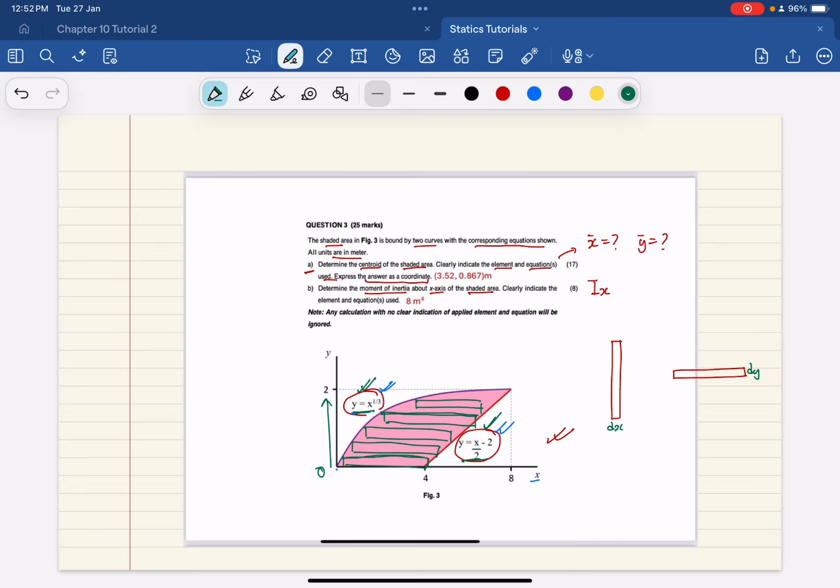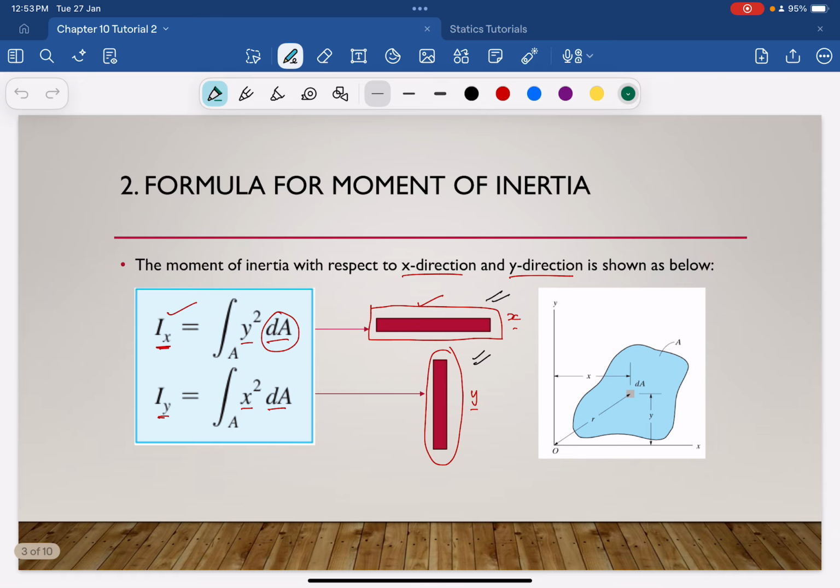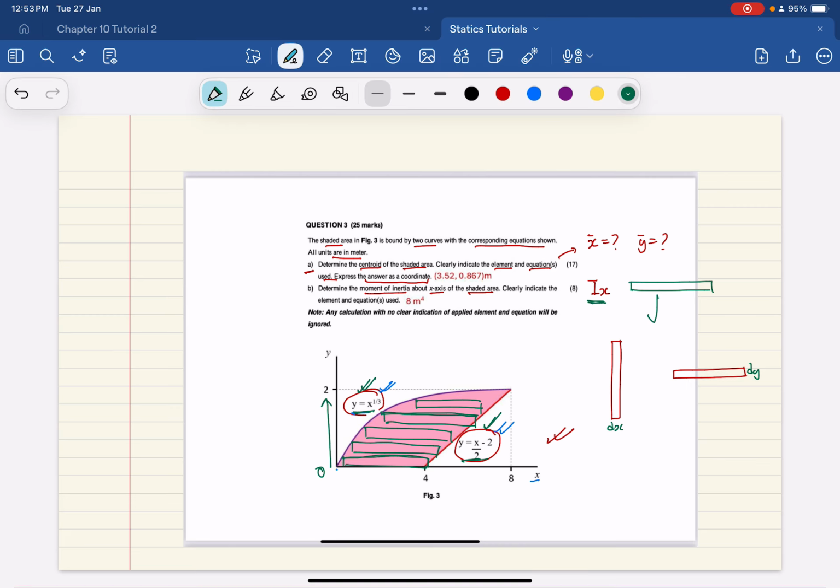And later, when you have to find the moment of inertia about the x-axis, basically it is this horizontal element right here that you need to use. So it will simply be an integral of y squared dA.